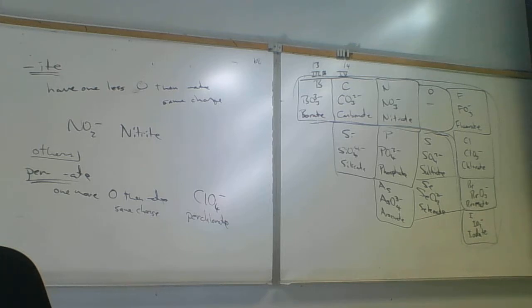ClO4 minus. And then that leaves us with hypochlorite. What is hypochlorite? ClO minus. And so this would be the series from perchlorate to hypochlorite. And so if we know one, we can figure out all the others. So this saves us making flashcards here. So if you know patterns, then you can save yourself some work and memorization. You don't have to memorize it.